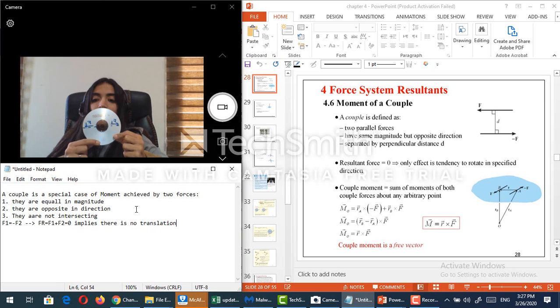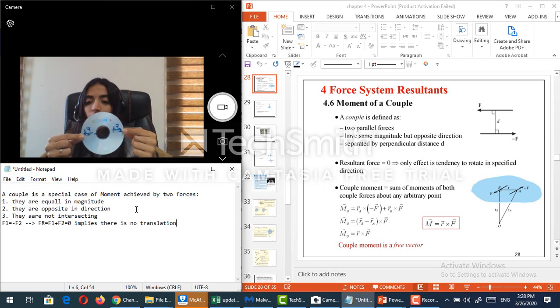F1 and F2 are equal in magnitude and at the same time opposite in direction. So what I will do now is apply these two forces on this body here, which is the CD. You can see that there is no motion, no translation, and no motion at constant velocity, because the velocity here is 0, so I am in statics.